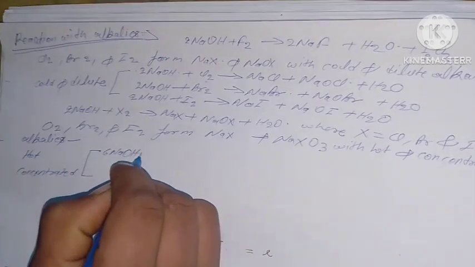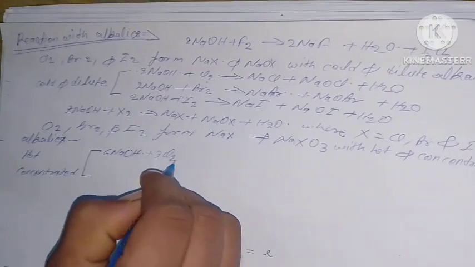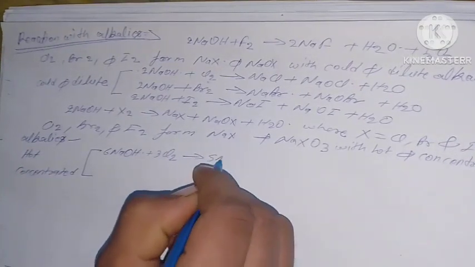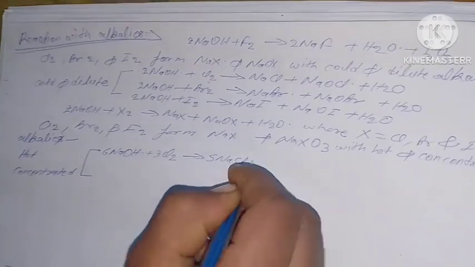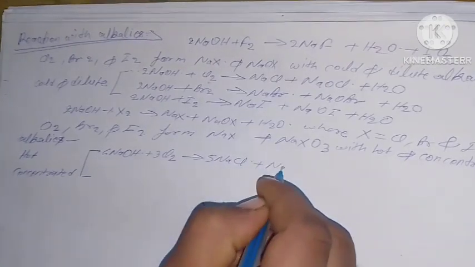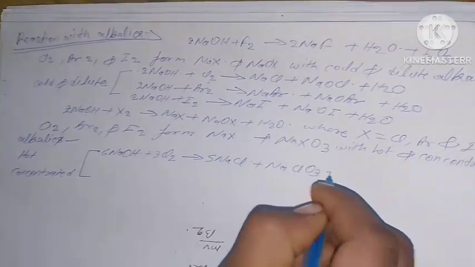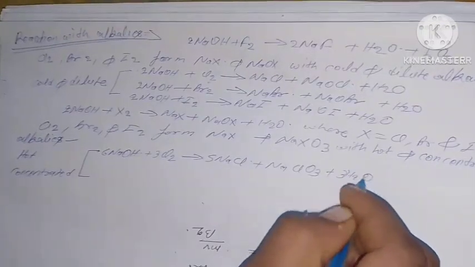6NaOH plus 3Cl2 makes 5NaCl plus NaClO3 plus 3H2O.